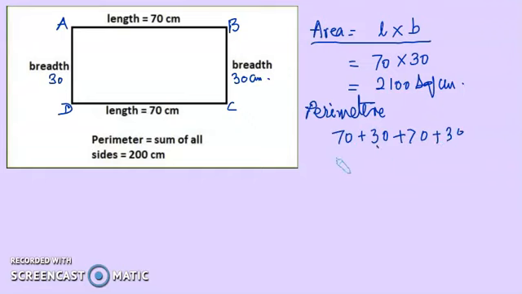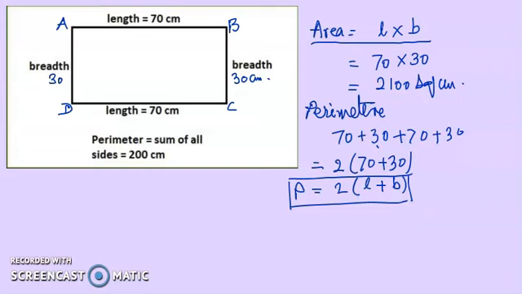That is the formula for perimeter, and in this case the perimeter is going to be 2 times 70 plus 30, 100, which is 200 centimeter. Remember, this will not be square centimeter. Perimeter unit is the length unit, so it will be centimeter only.